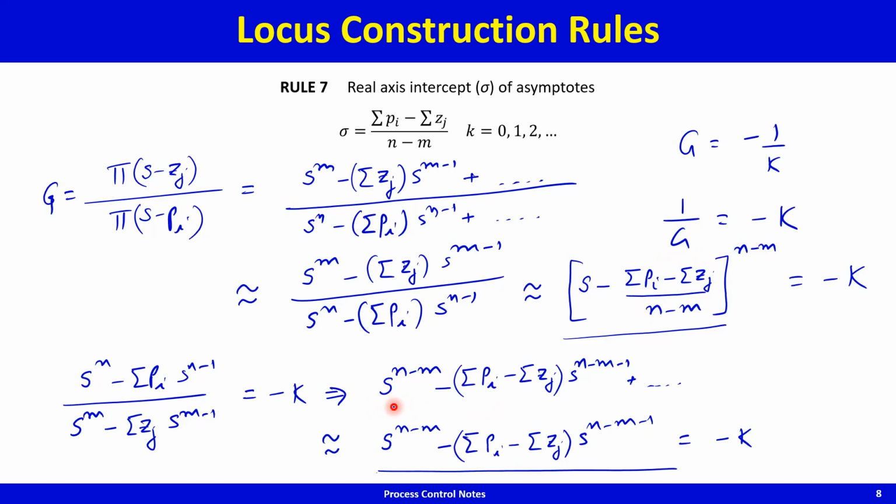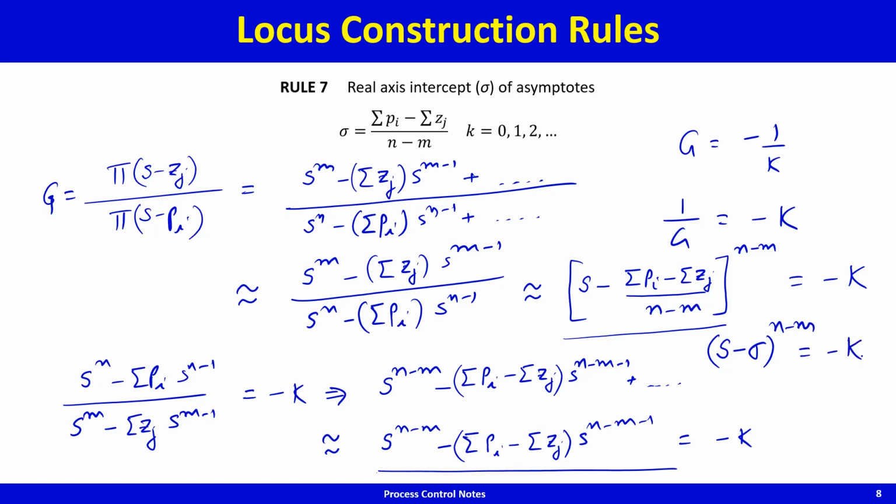So when you multiply these, these two terms get recovered. There will be n minus m minus 2 terms, n minus m minus 3 terms, but we are ignoring them, retaining only the two highest powers of S. So in that sense, this approximation makes sense, and therefore what we get from here is S minus sigma to the power n minus m is equal to minus k.